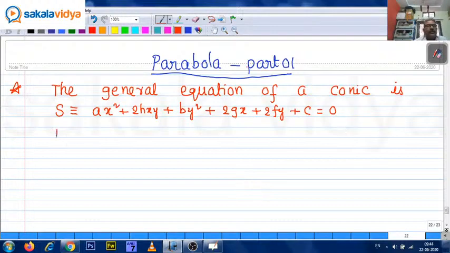Now the first one, if delta, where delta means abc plus 2fgh minus af square minus bg square minus ch square, that is delta, you remember.